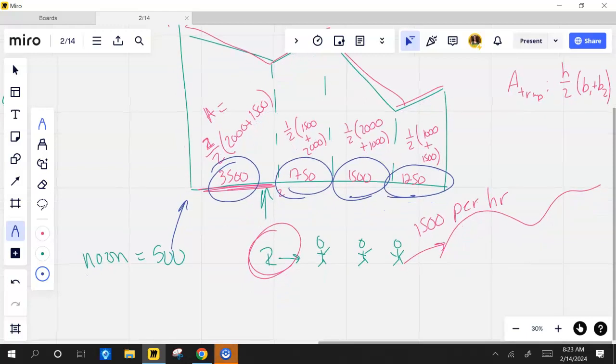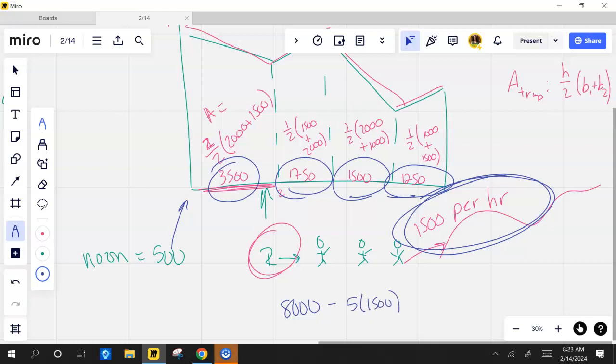I add all that together, then what do you get? 8,000. Well, there's not 8,000 people in line because what I haven't taken into account is that every hour 1,500 of them leave. So how many hours did this span? 5 hours. So I need to subtract out 5 times 1,500, because every hour 1,500 get out of line.